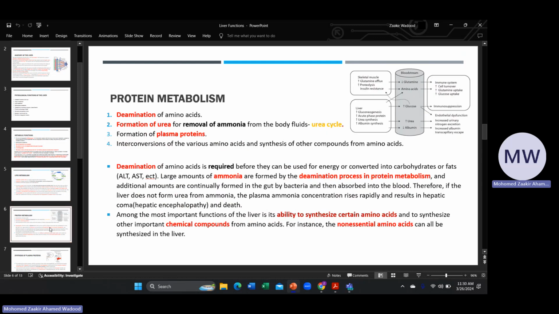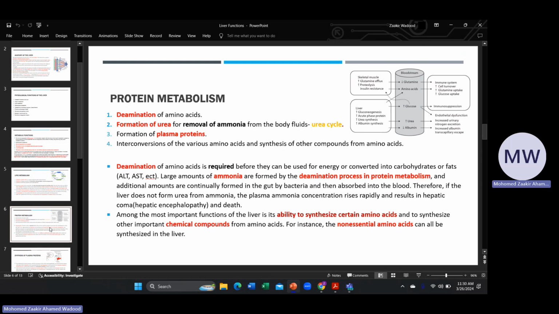Next, let's get into protein metabolism. When it comes to proteins, the liver is nothing short of hardworking here too. One of the many functions that it performs is the deamination of amino acids. Also, a very important function is the production of urea as a mechanism of excretion of ammonia, which is an important part of something known as the urea cycle.